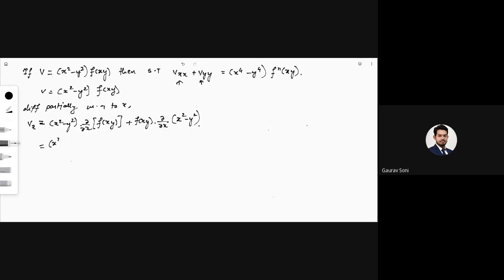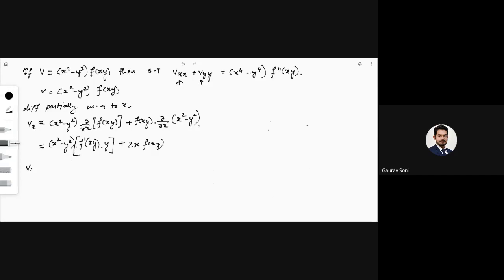So this will be x square minus y square as it is. What will be the derivative of f of xy? It will be f dash of xy into y, by chain rule, since the derivative of xy with respect to x is y, plus the derivative of x square minus y square, which is 2x, times f of xy.